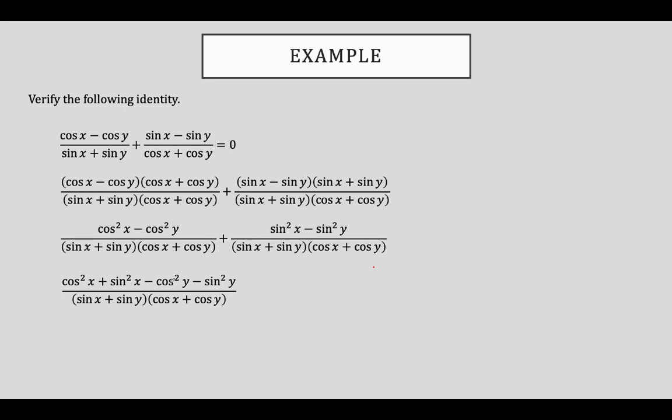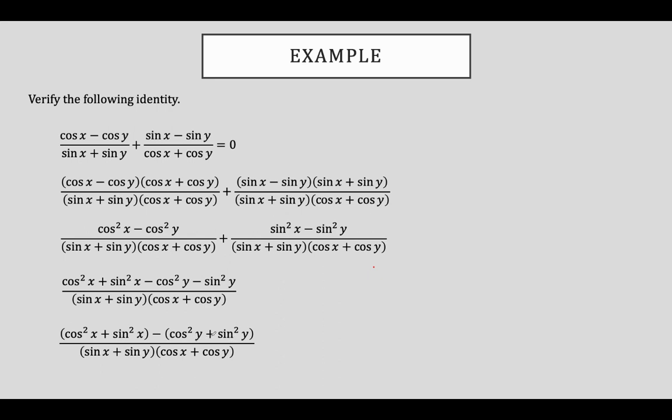And one thing here is both cosine squared y and sine squared y have a negative in front. And so what we can do is factor out a -1 and group our x terms and our y terms together. Notice that leaves me with cosine squared x plus sine squared x, Pythagorean identity, and cosine squared y plus sine squared y.